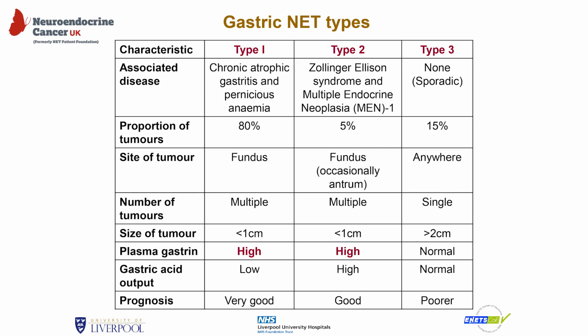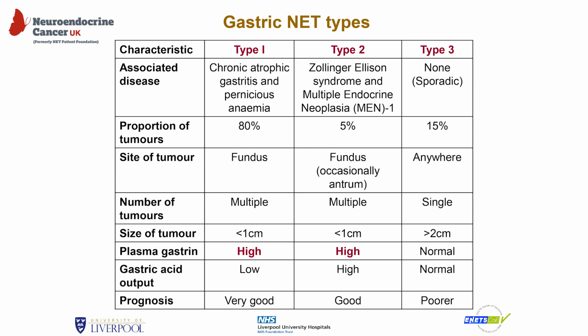The level of gastrin in the blood is very high, and the stomach produces low amounts of acid. Thankfully, the outlook for patients who have this type of gastric neuroendocrine tumour, which you remember is the commonest, is very good indeed.